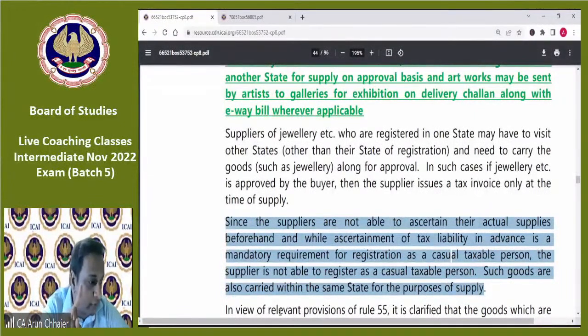And also you have talked about the ITC point. But ITC would not be the problem because the transaction has to be B2C. If you're talking about Section 31 subsection 3, clause A, they are talking about the taxable supply.